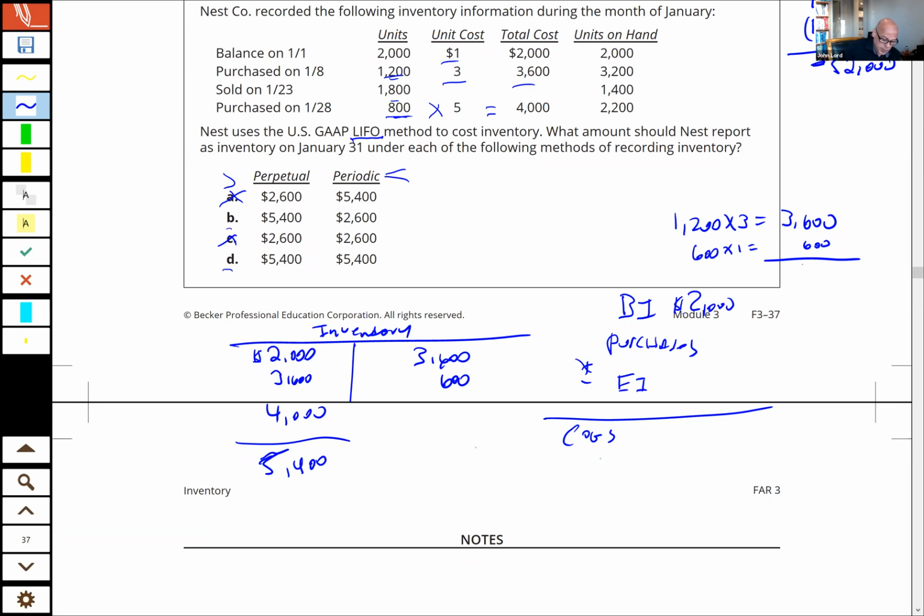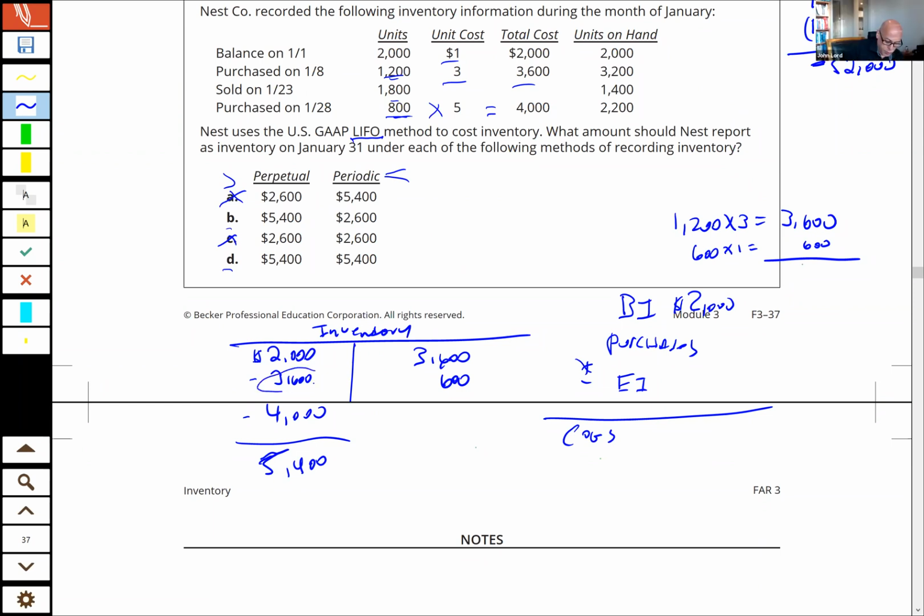Just peeking at what I just did a minute ago with the perpetual, I know that my purchases are going to be what? 800 plus 1,200.